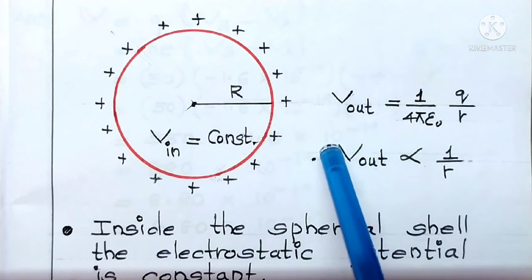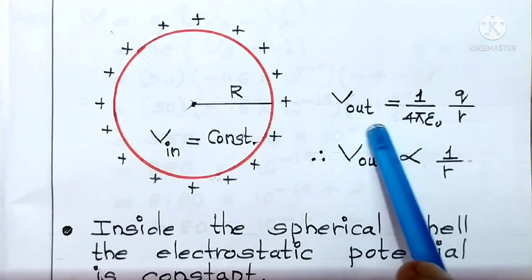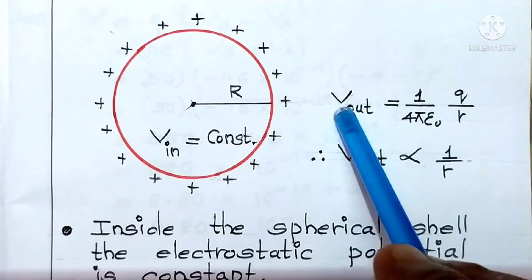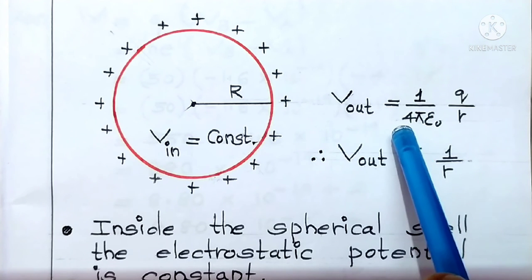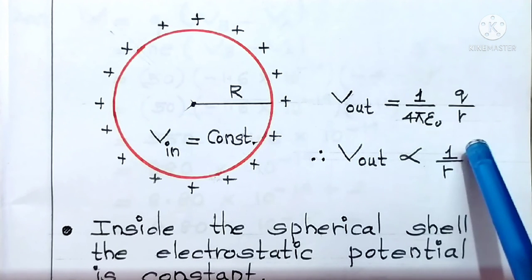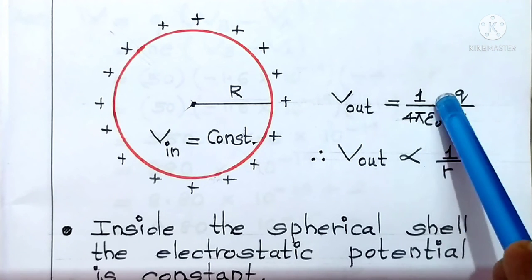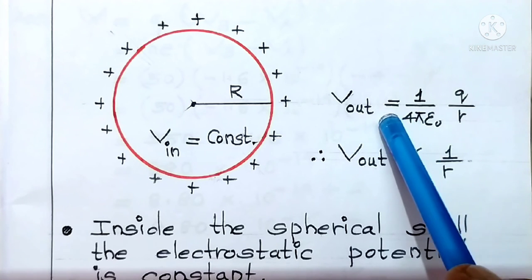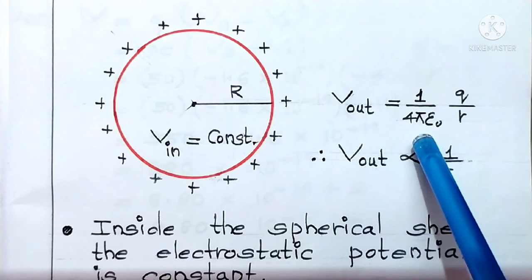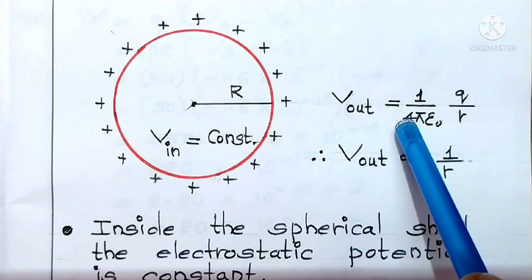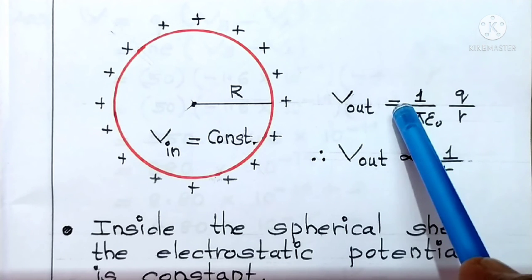But what about the electrostatic potential outside the shell? This is the expression for electrostatic potential outside the shell. So it is written V out is equal to 1 by 4 pi epsilon naught Q by R. In this expression, 1 by 4 pi epsilon naught is constant, and here comes the is equal to symbol.